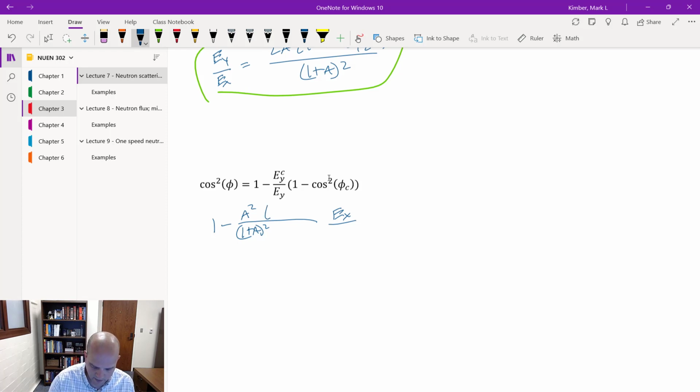I'm going to divide this, so I've got 1 plus a squared over a squared plus 1 plus 2a cosine of phi c. And that's also going to be multiplied by EX. And then I've got that minus the cosine squared of phi c.